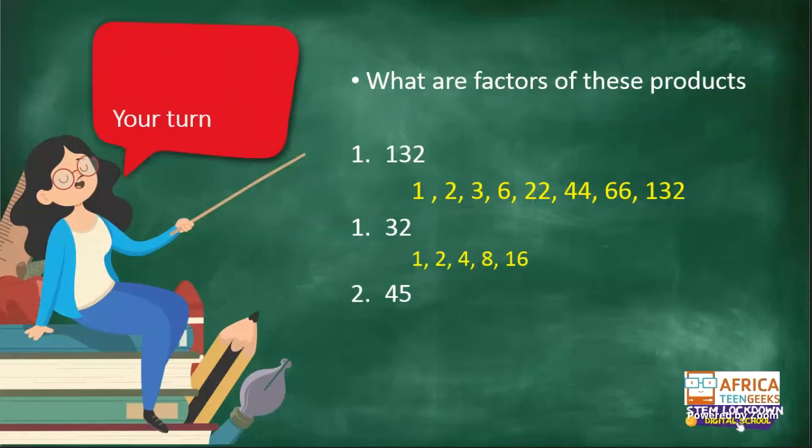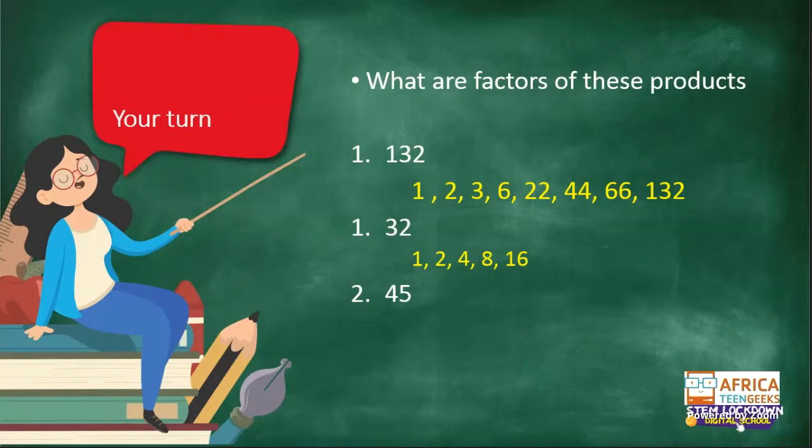Oh, Zan is still answering 132, the first one. Okay. And then we say 4 multiplied by 8, the answer is 32. So 1, 2, 4, 8, and 16, those are the factors of 32. Okay, 9 is not a factor of 32.